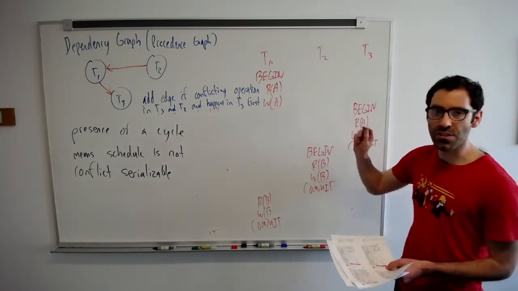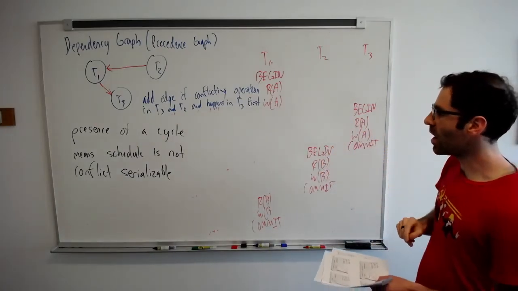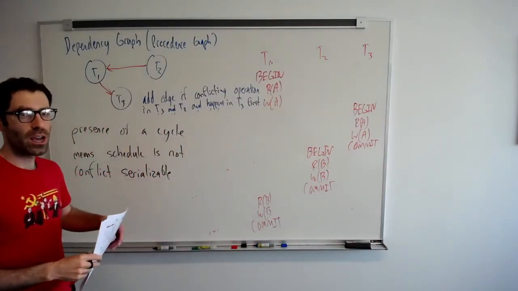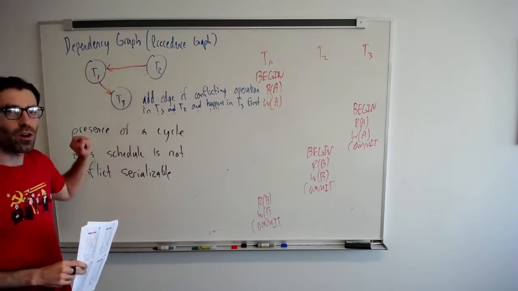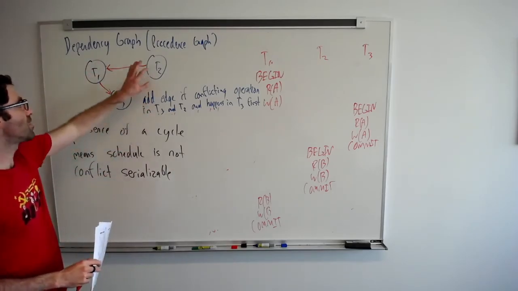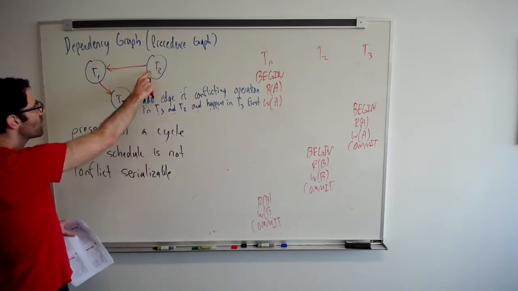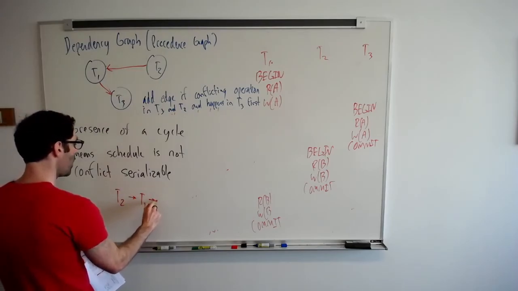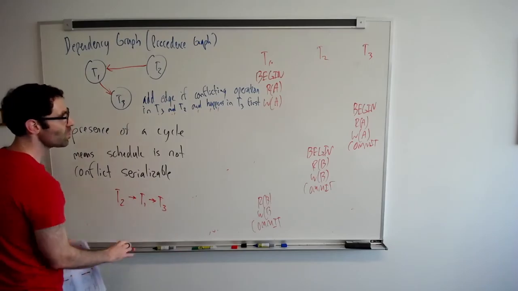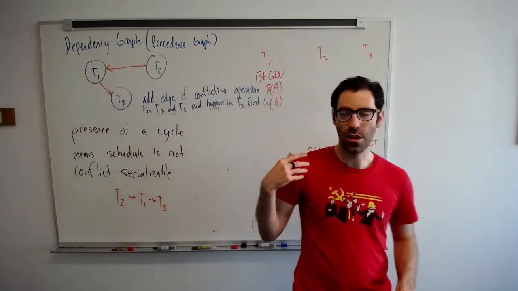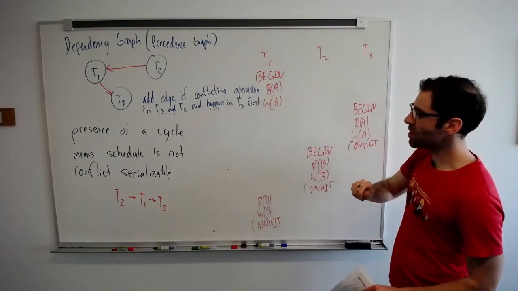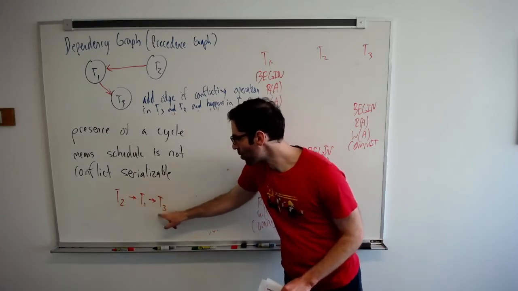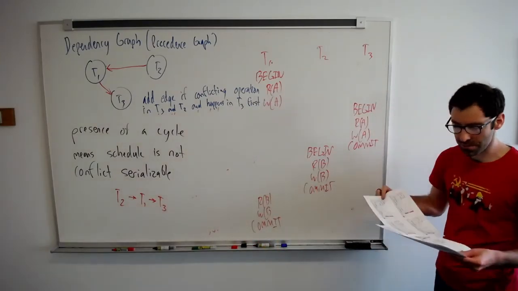It is equivalent to a serial schedule, in particular the topological sort of our acyclic graph. So it's equivalent to if we did T2 and then T1 and then T3: the effect of this schedule is the same as the effect of the serial schedule where we do 2, then 1, then 3.